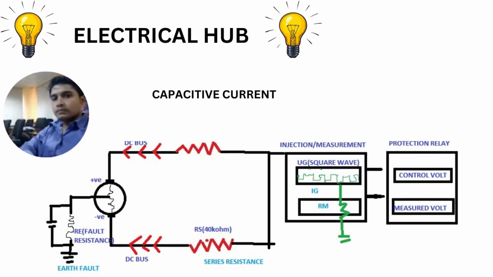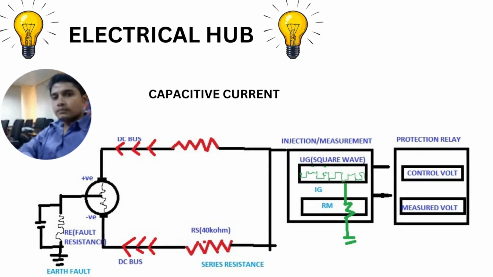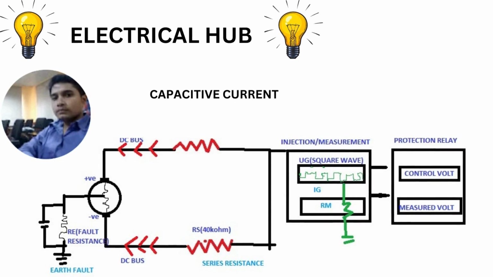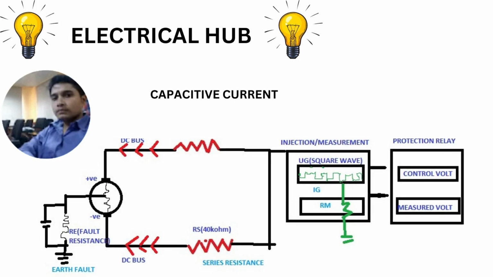During normal operation, there will be no current flowing through the IG, so that will be zero. But if a fault occurs, then there will be some current flowing through the RE, and some current will also flow through the IG, which will be measured in the form of a voltage because some resistance is there.